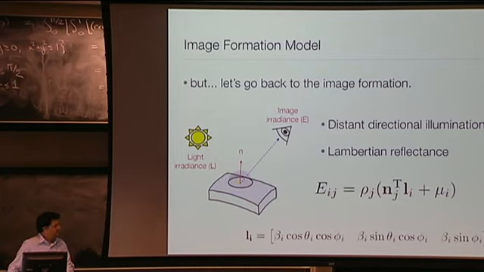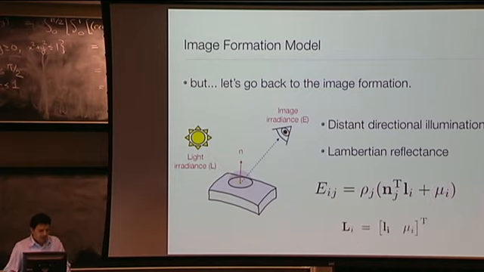So for a surface element j, in this case, projected on the camera i, its irradiance is defined as follows. We can see the definition for the irradiance. Given that we know the 3D model, we will mark in red circles the unknown parameters. So we can express all the terms between the parentheses like capital L, the vector for the light.